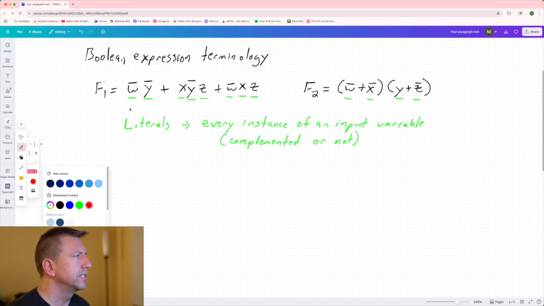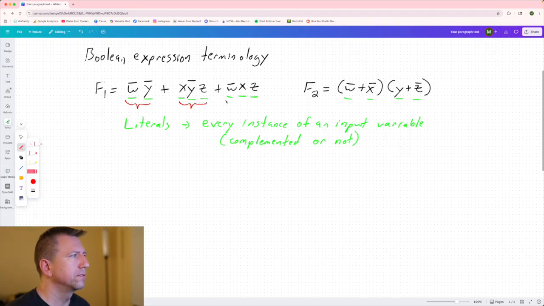Second definition here is a term. We have these groupings, and these are called terms. This is a little bit more generic.